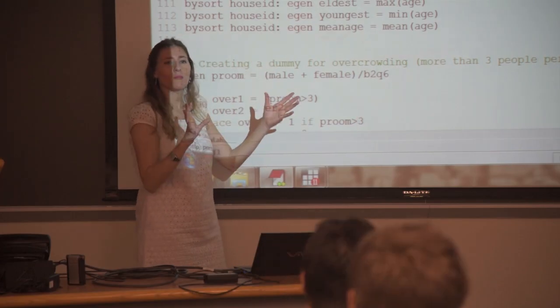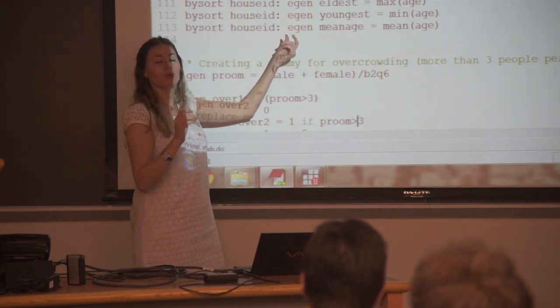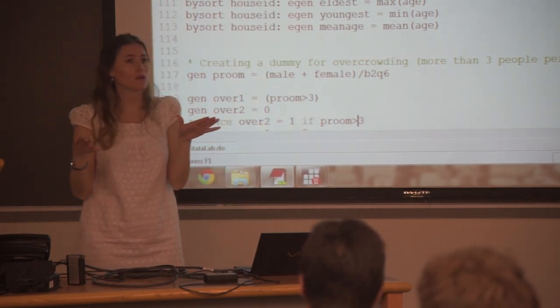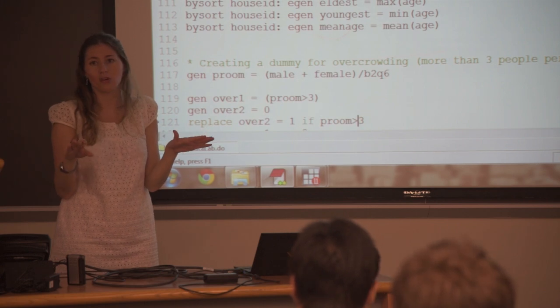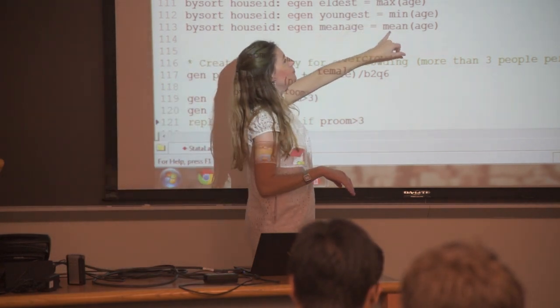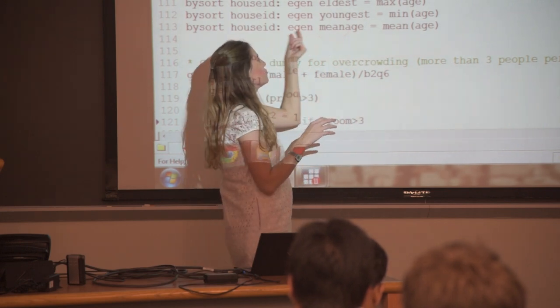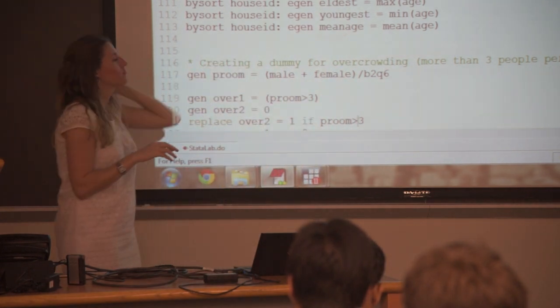It's exactly the same. The only difference is that you need to add the letters e-g-e-n at the beginning. If you don't, Stata is going to stop with an error. So every time you have maximum, minimum, mean, or any kind of function that you're asking Stata to do, you have to use the command egen.